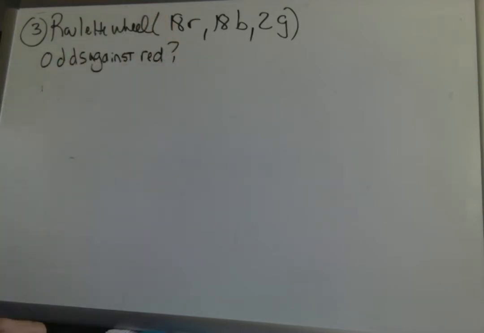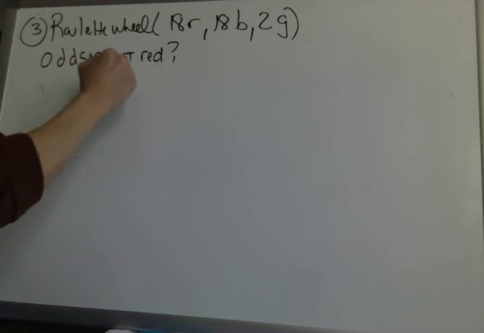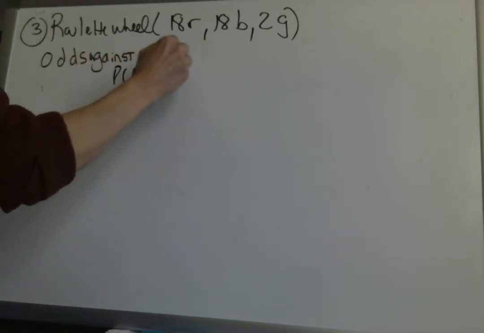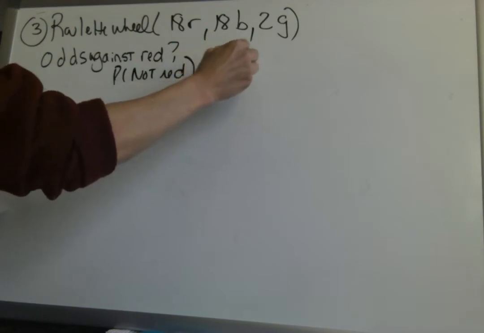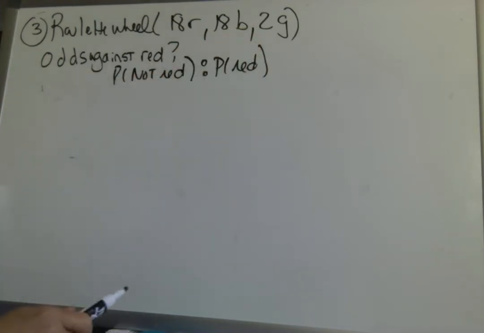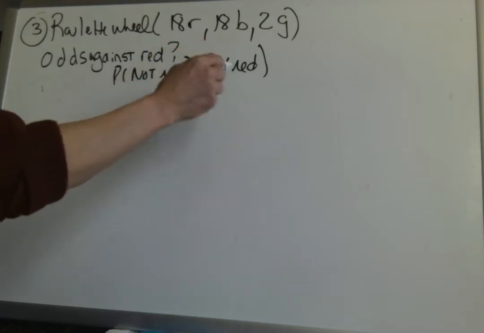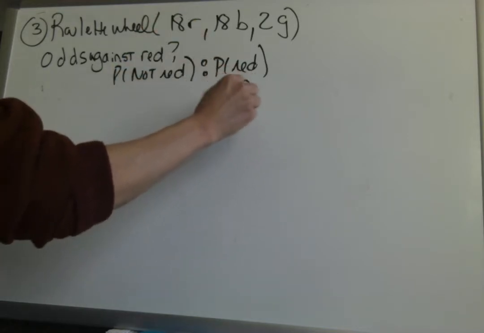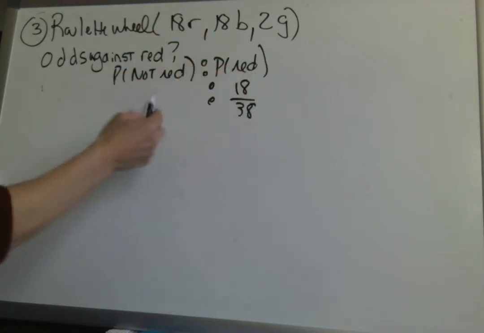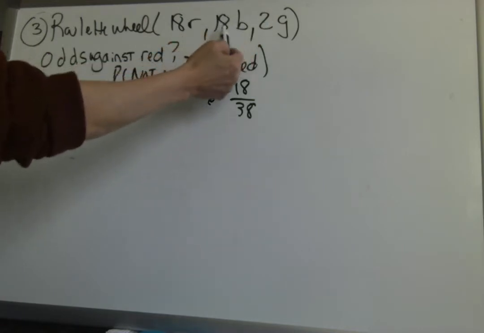So we want the odds against red. So probability of not red, colon, probability of red. If you prefer to do this the odds formula way, you are welcome to. I'm just presenting it from that probability standpoint. So red, I have 18 over 38, which means not red, that's the black and the green, right?